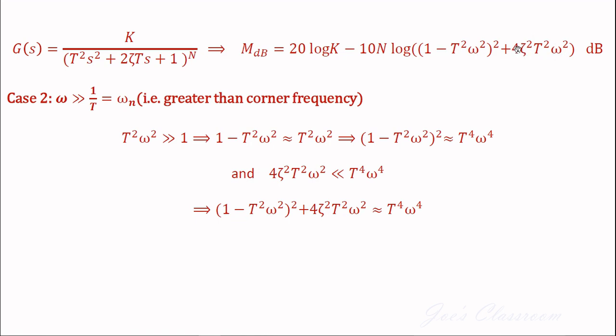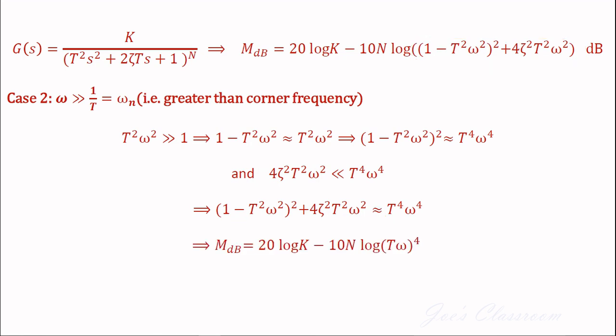Therefore, whether it is a frequency greater than the corner frequency or lesser than the corner frequency, the contribution by this term is always negligible. So for approximations, we can always omit this term. This entire term becomes t power 4 omega power 4.